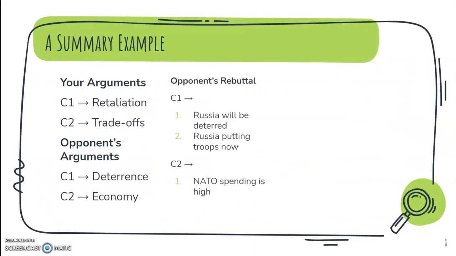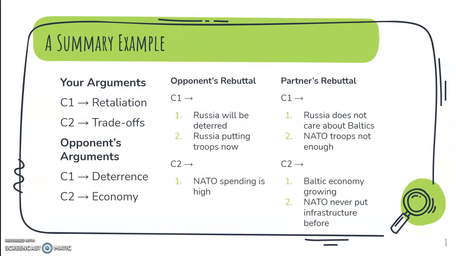As an example, this is a long example and I'm not going to go through everything. Let's say you read the argument about retaliation and trade-offs. You have your opponent's rebuttal and your partner's rebuttal. Let's specifically look at the partner's rebuttal, which is right here. Let's say there are 4 responses here.